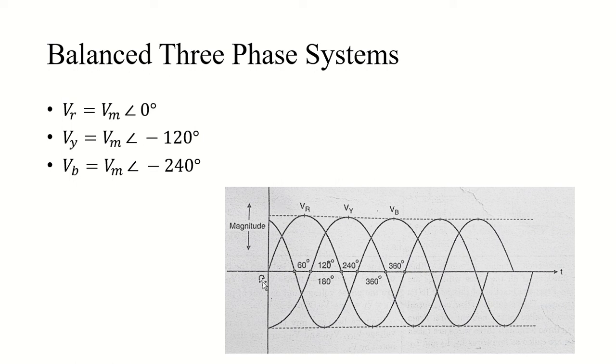I understand that frequency is not given in this formula, but here you can see that the frequency of all the waveforms is identical. They are 120 degrees phase shifted apart from each other, and you can see that all three have the same magnitude.